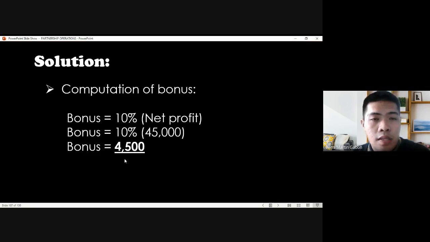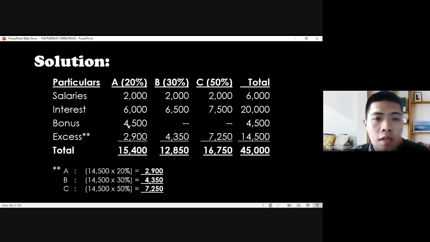So, bonus 4,500. So, 4,500 kay A, wala kay B and C. So, total niyan, ayan. Then, the excess daw, positive amount pa na 14,500. Then, i-distribute. Kay A, we have 15,400. Then, kay B, 12,850. At saka kay C, 16,750.